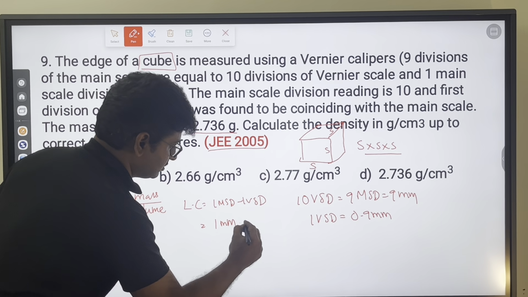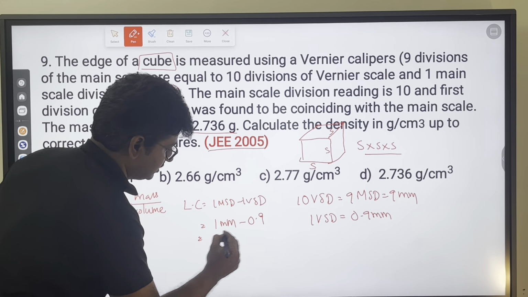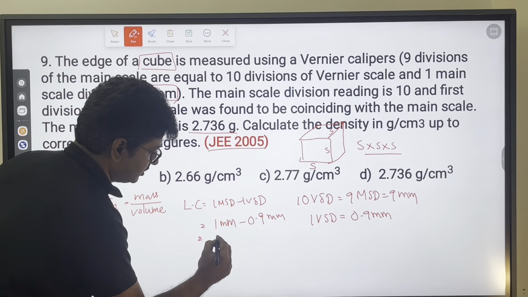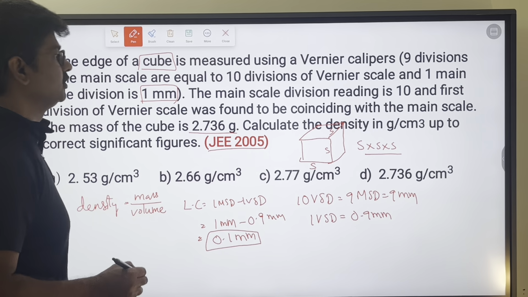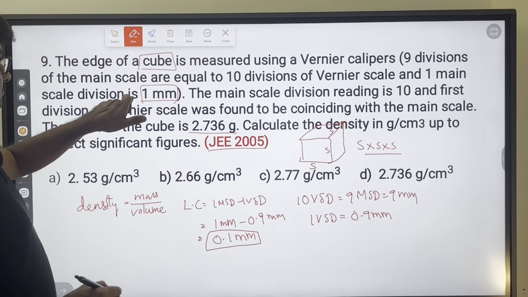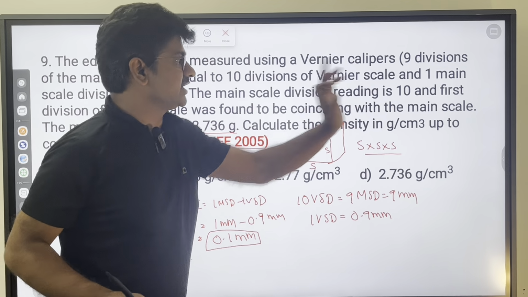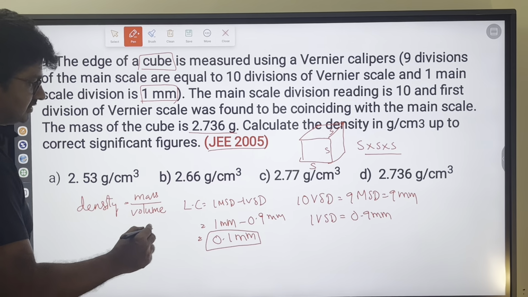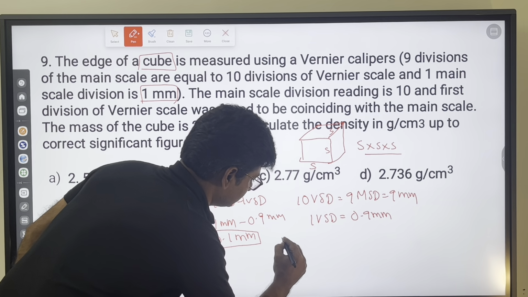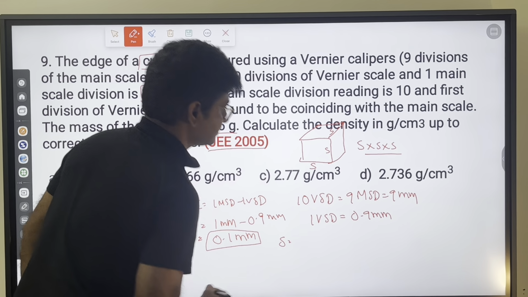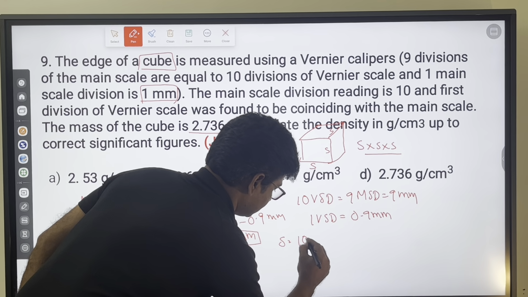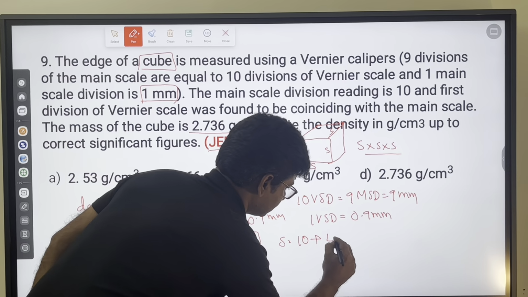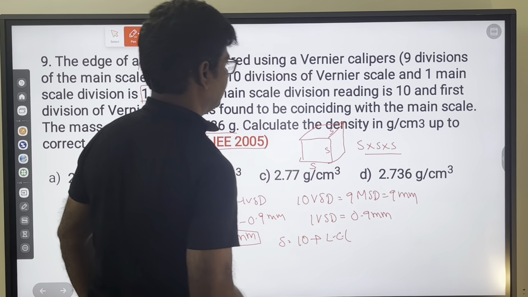Therefore, what is the least count? 1 mm minus 0.9 mm, the least count is 0.1 mm. Now the main scale reading is 10, so MSR is 10. The side of the cube is equal to 10 plus least count into VSR.